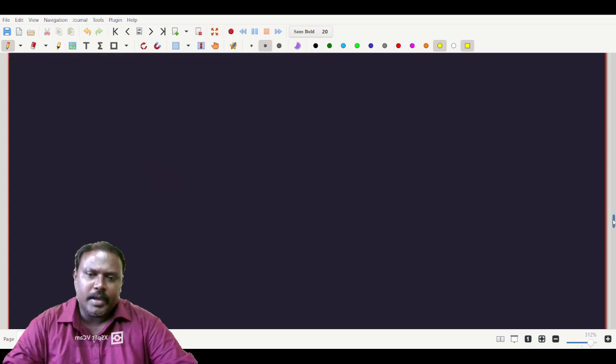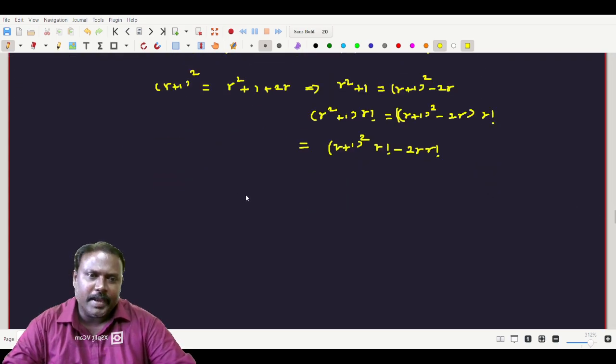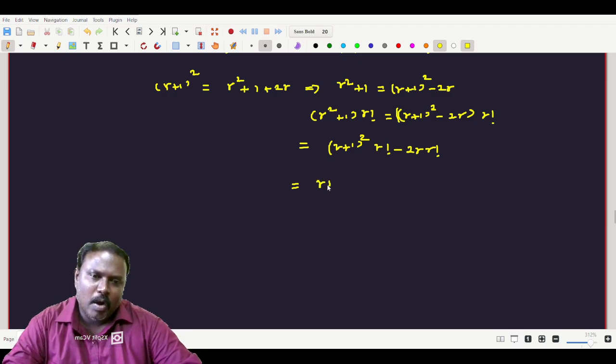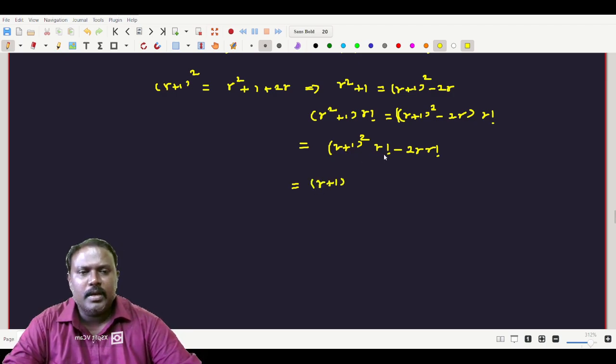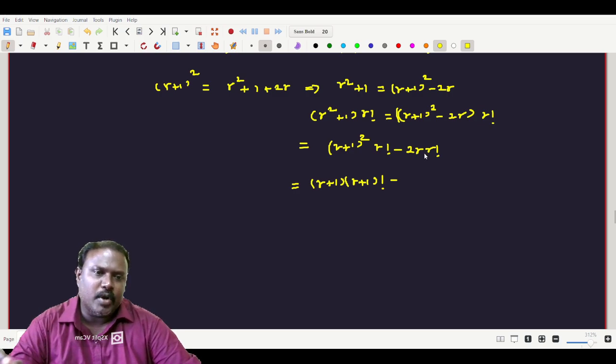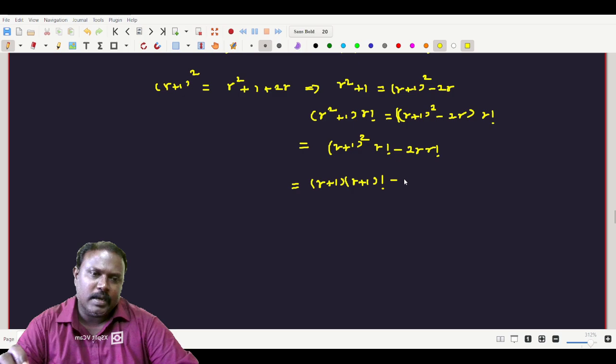In the next step, (r plus 1) whole square is (r plus 1) into another (r plus 1), and (r plus 1) into r factorial can be rewritten as (r plus 1) factorial. Minus, here you look at 2 times r into r factorial is there.